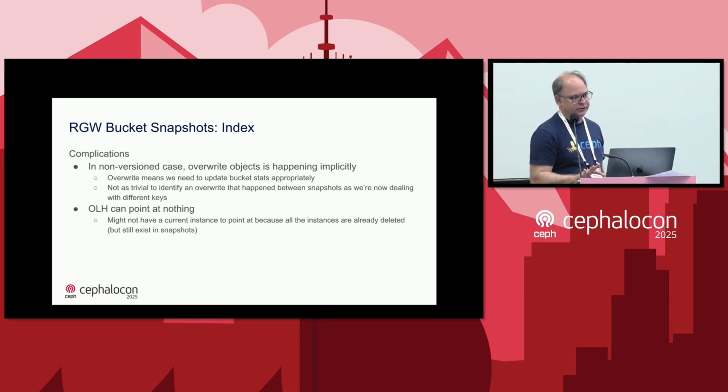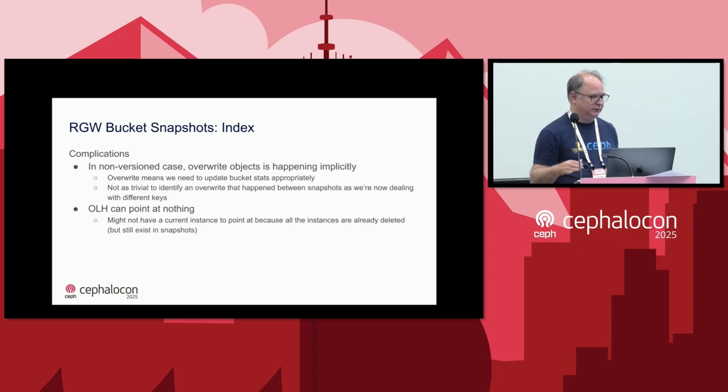Some complications that are different in the case of snapshot versus regular operation is, for example, when we're dealing with object overwrite. Beforehand, you put an object X, you overwrote it, we automatically know that the object was overwritten because it existed before.